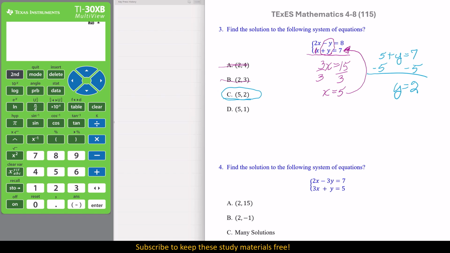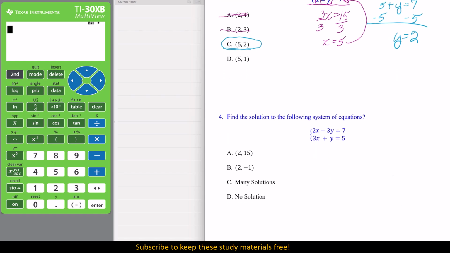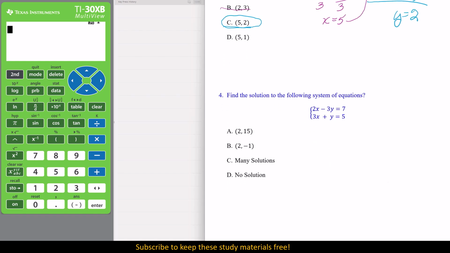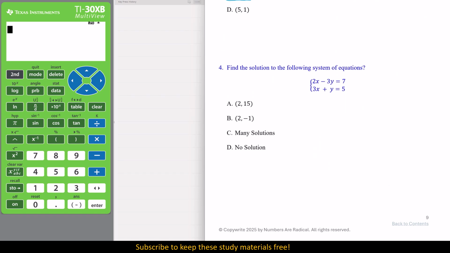Now, there is another way to use our calculator when it gets a little bit more challenging, as it is in number 4. So let's give ourselves some room. What do we need to do with number 4?